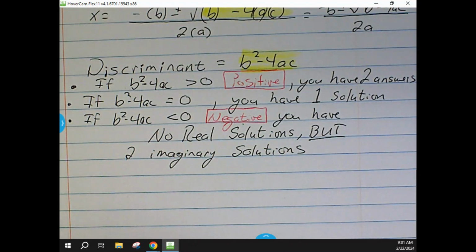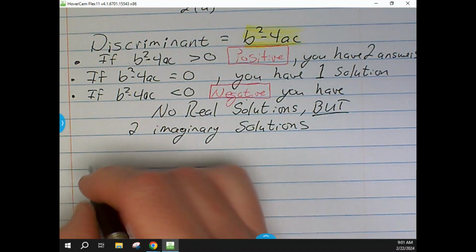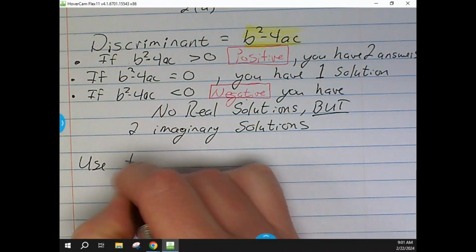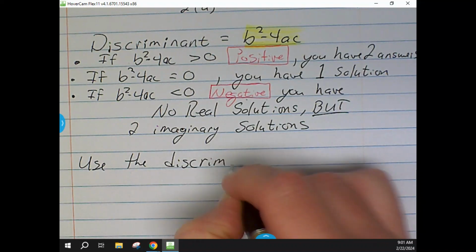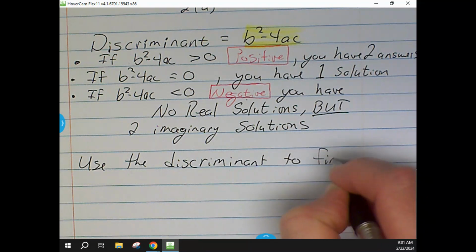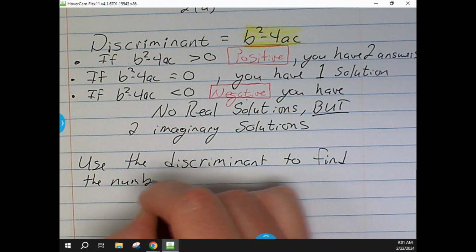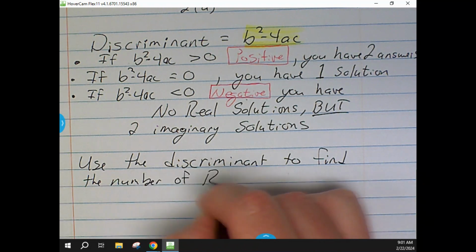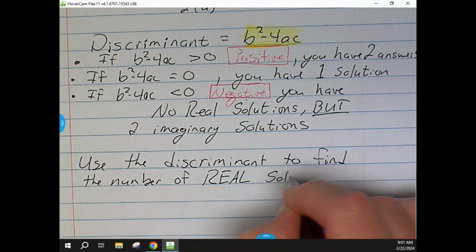Okay, so here are the directions for everything we'll do with the quadratic formula for this part. We're going to use the discriminant to find the number of real solutions.